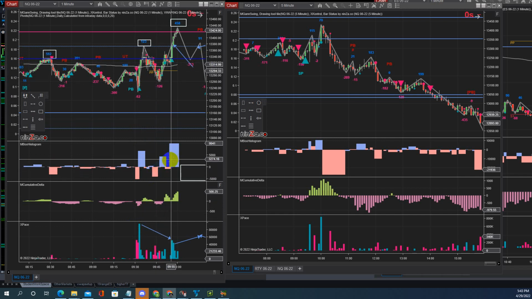Then when this pullback happened, very minimal selling, delta is positive, buying is still going on here. At this pullback there is no selling, and then you see this rising. When this is rising, you can go long here and then hold it. So that could be the one trade based on the Mbox.